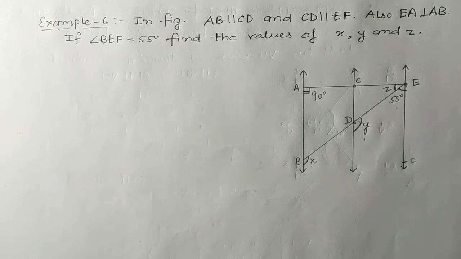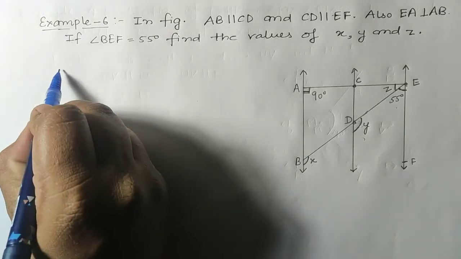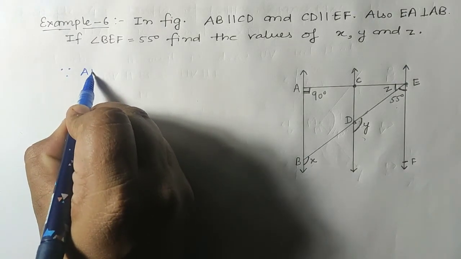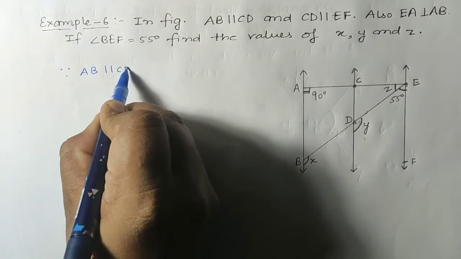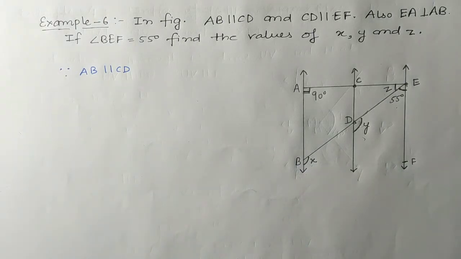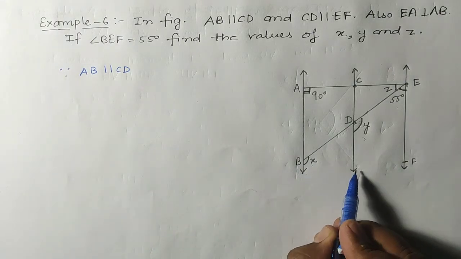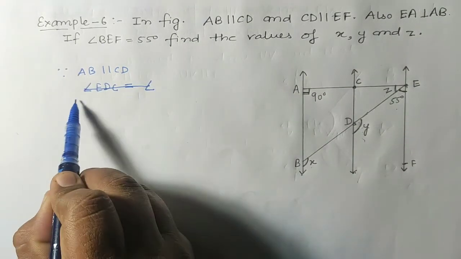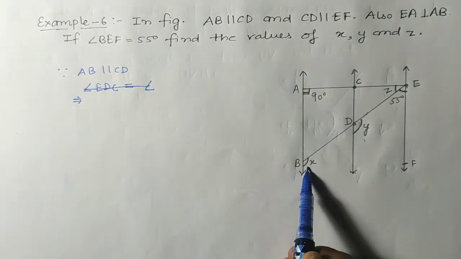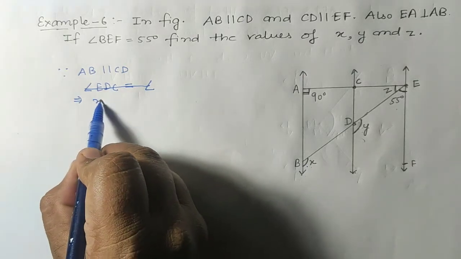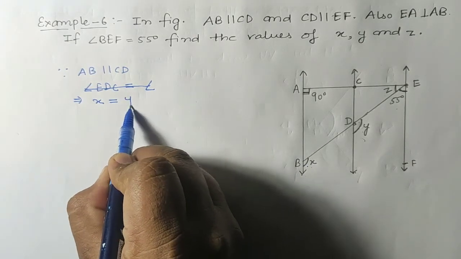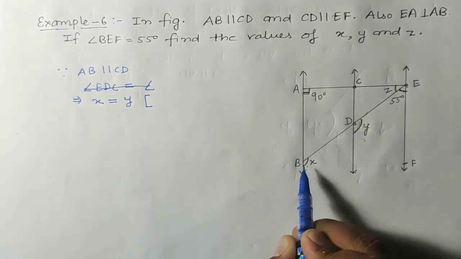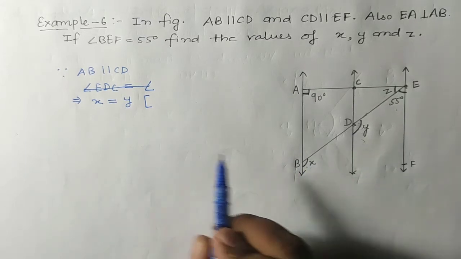See students, if you observe the figure, since AB is parallel to CD, this line is parallel to this line, then we can write directly that X is equal to Y. Why are these two angles X and Y equal?